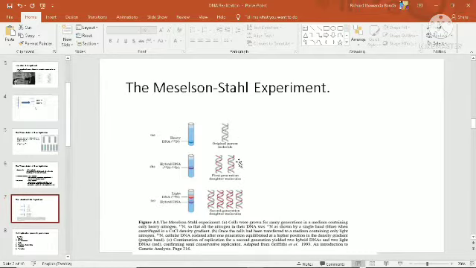And after the replication, after new cells were formed, that was the first generation. So you had E. coli, which was grown in N15 media.